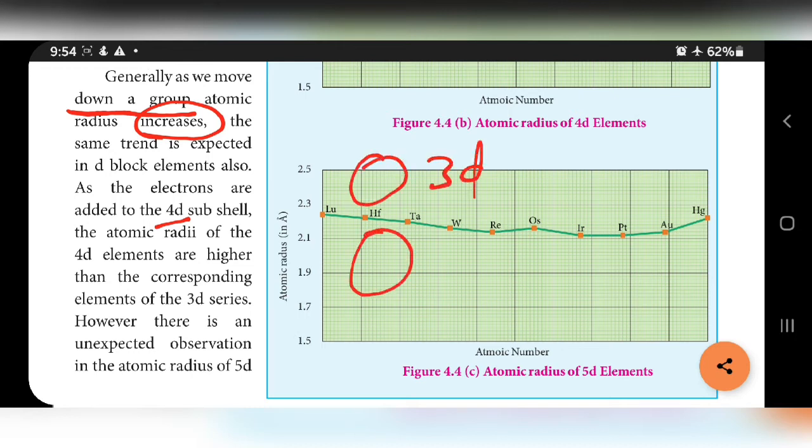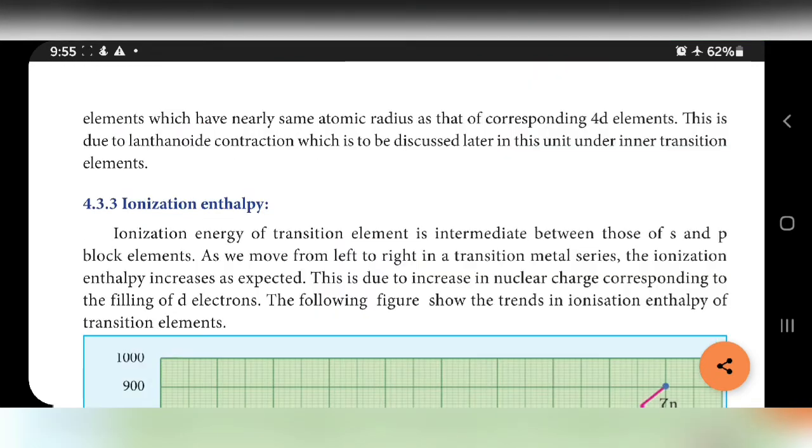However, there is an unexpected observation in 5d. We expect sizes to increase for 5d, but here both 4d and 5d have the same size.